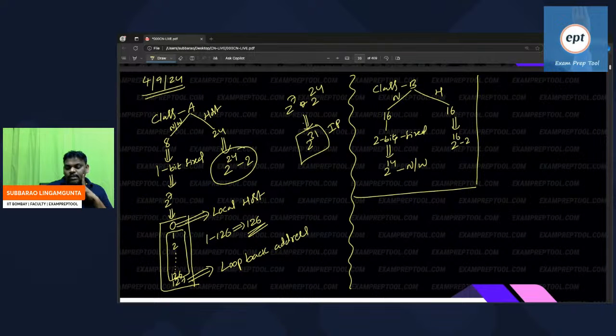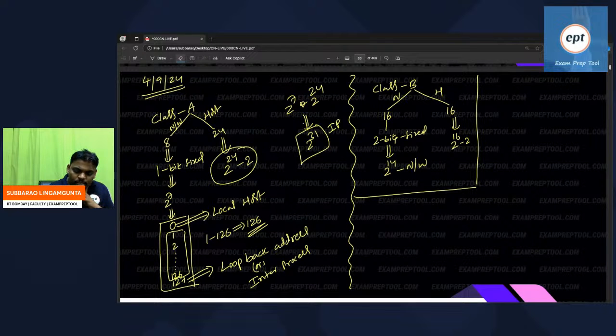Network 127 is the loopback address. 127 will be used for the loopback address, which is also called inter-process communication.